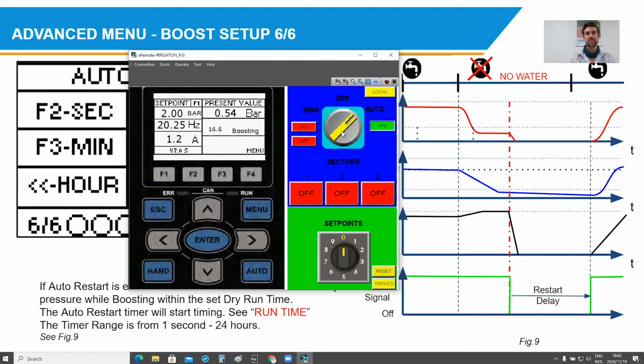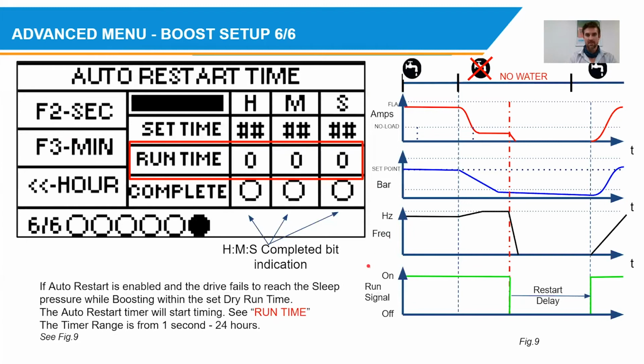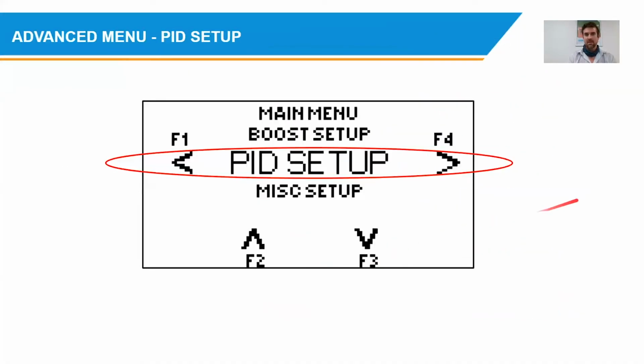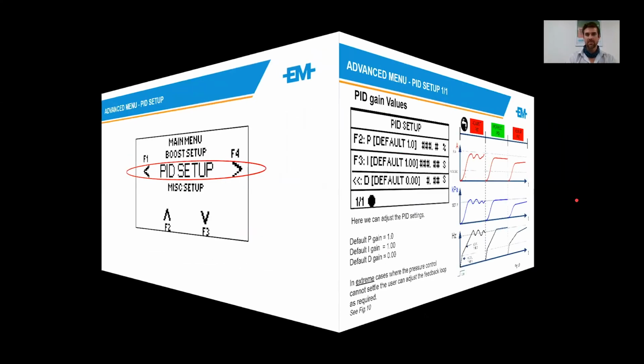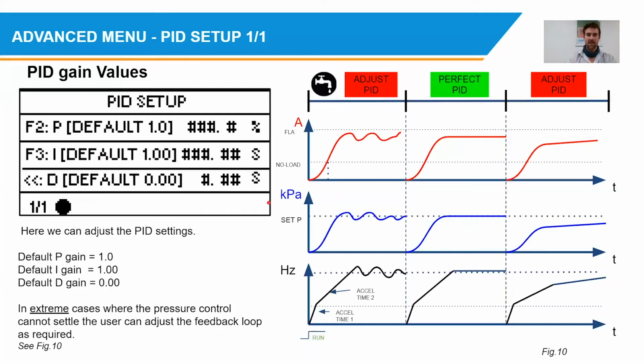All right. So back to the presentation. Also in the advanced menu, we have a PID setup. Perhaps 0.1% of the time it's necessary for the user to adjust these PID settings. I can probably count on one hand the amount of occasions we needed to.